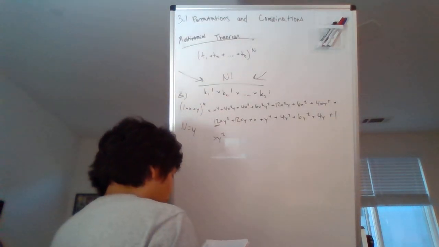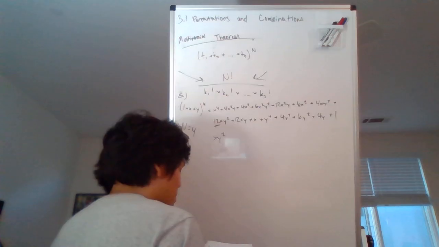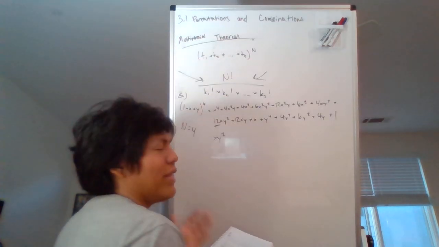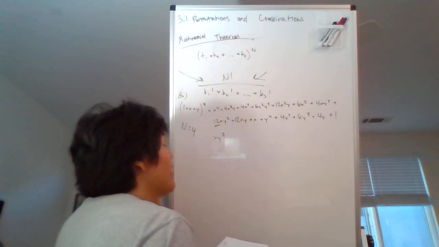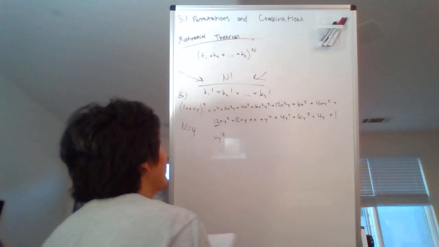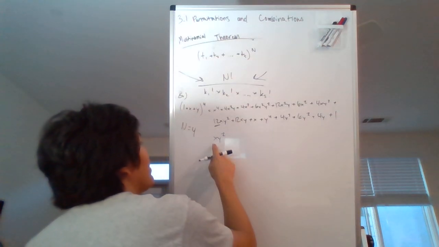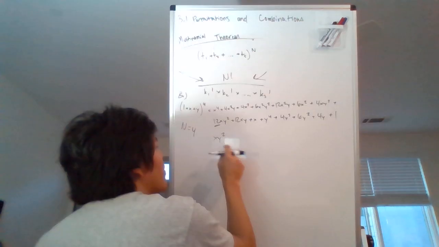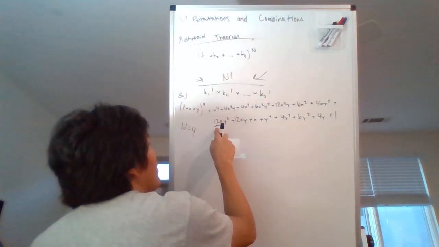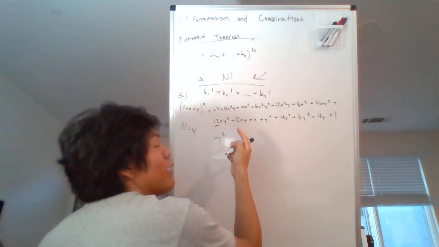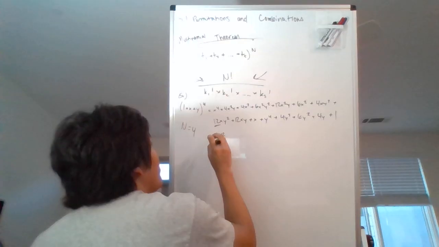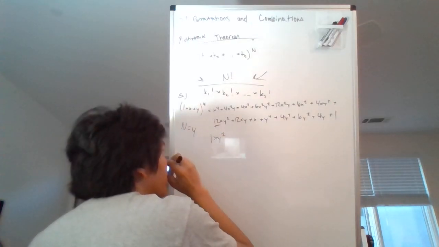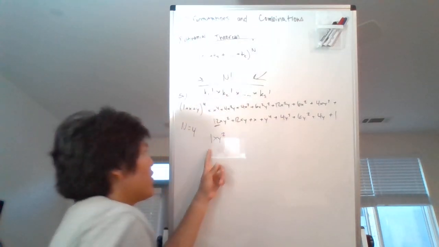What might not be so easy to see is that since we're just looking at the variables x and y here, and we're trying to make sure that it is 12, there's an understood 1 right here.